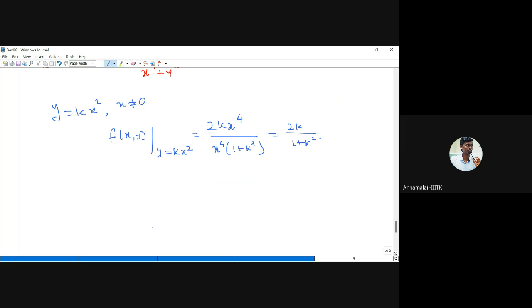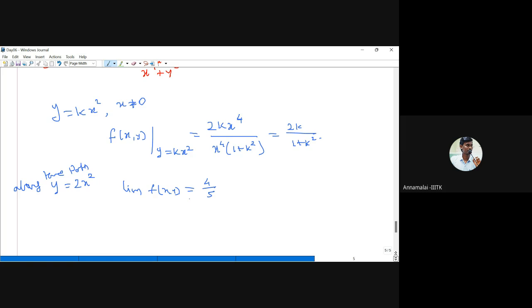Specifically, if you take k equal to 2, along the path y equal to 2x square, what is the limit of the function? The limit of f x comma y is nothing but substitute k equal to 2, we get 4 by 5.